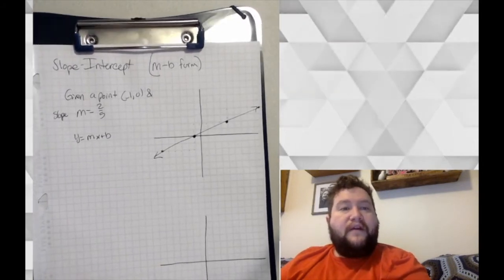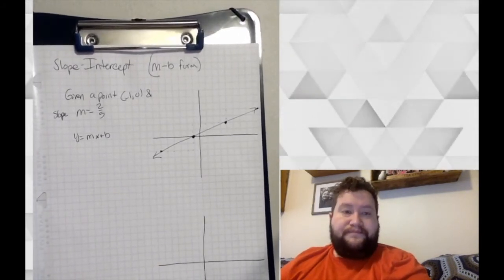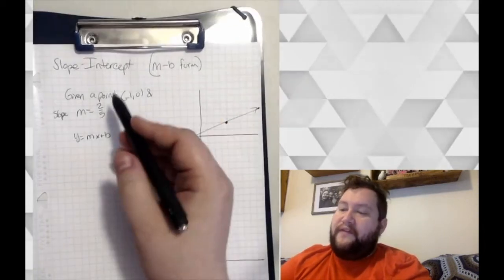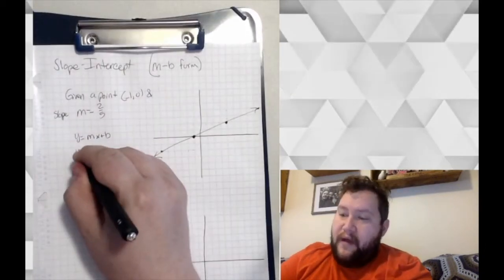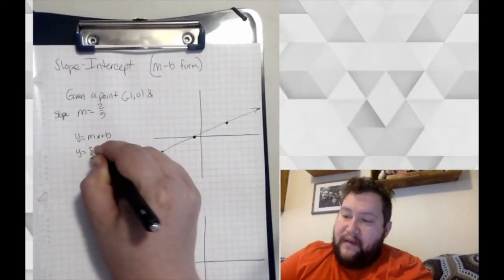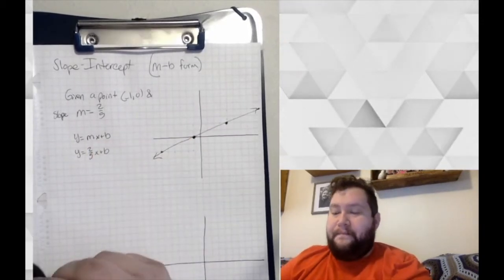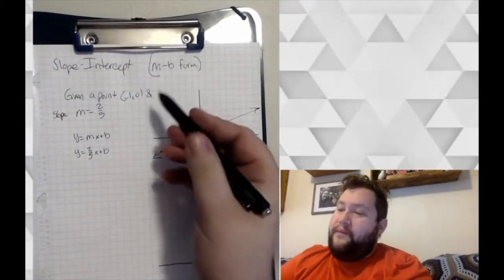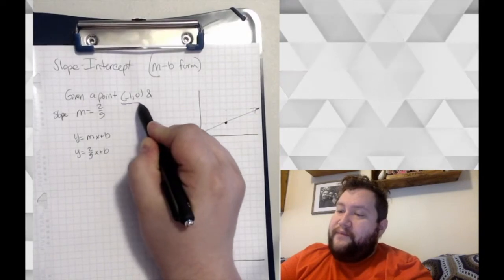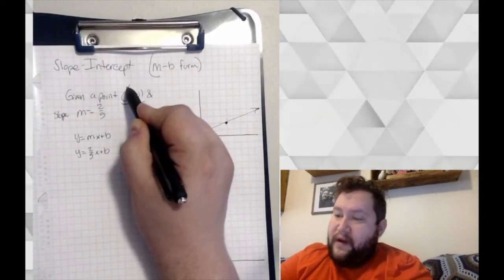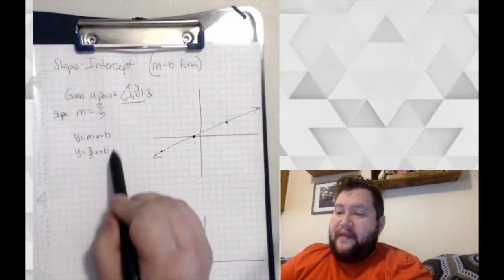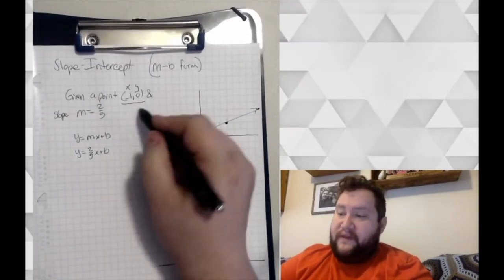So to find our slope-intercept form, we have to substitute our slope. So we have y equals 2 fifths x plus b. But we know that at this point, negative 1, 0, our x and y values make this equation true, because this is a solution.